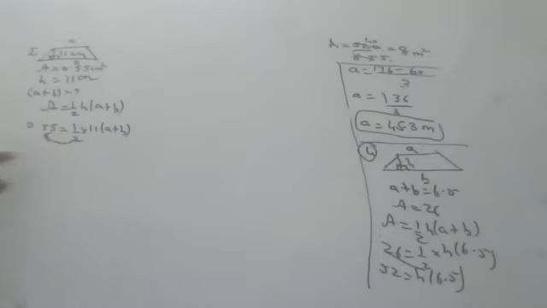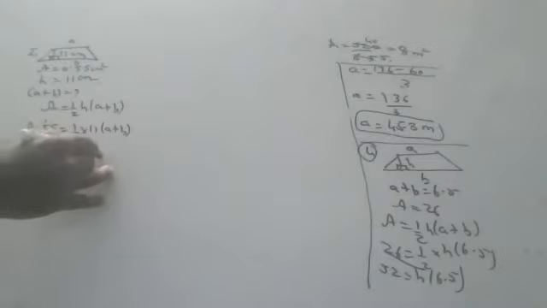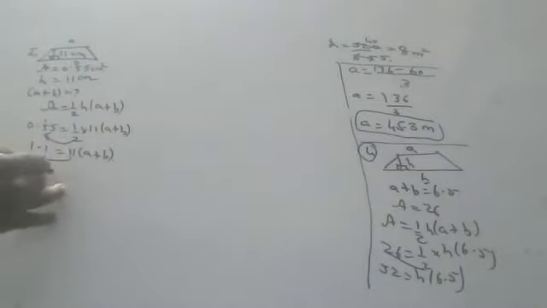Okay, this goes here. 0.55 into 11 is how much? 1.1 is equal to 11 into a plus b. 11 will go down. Sir, 1.1 by 11 is equal to a plus b.